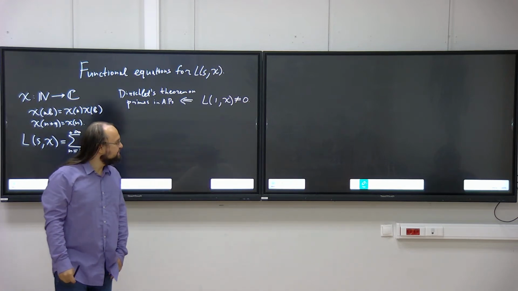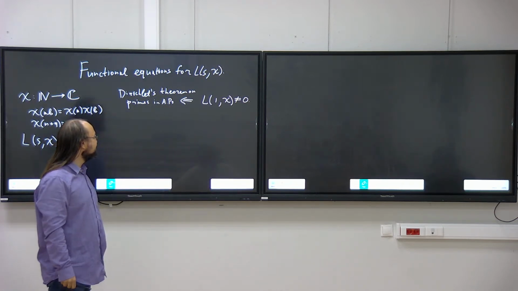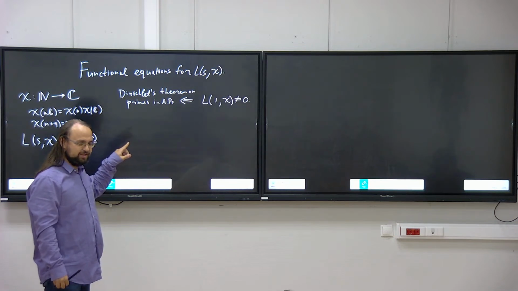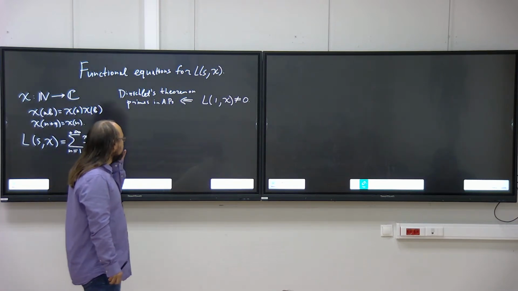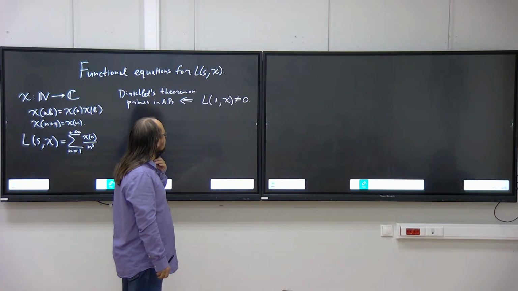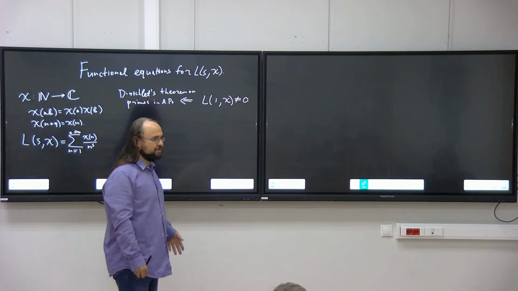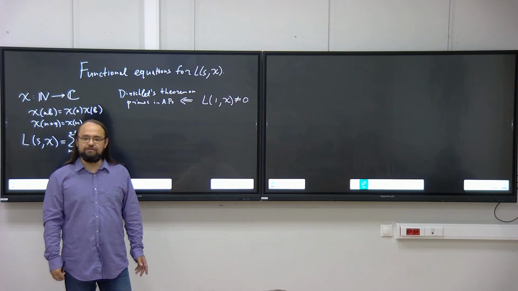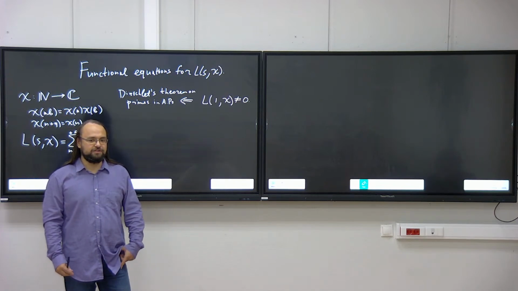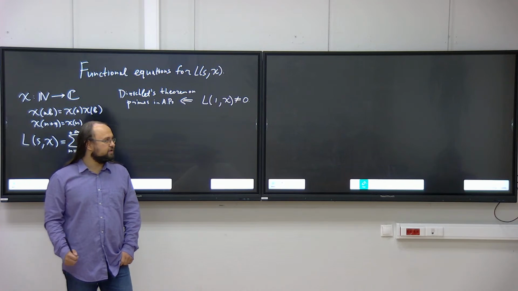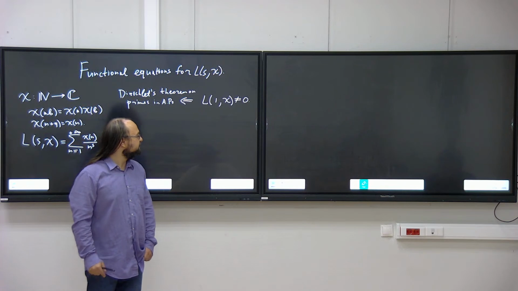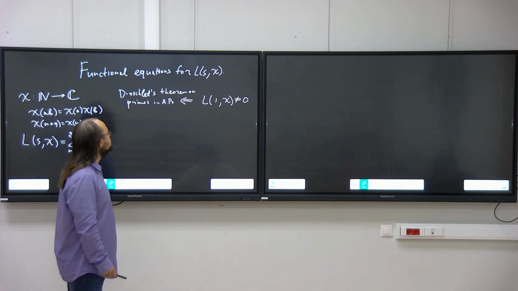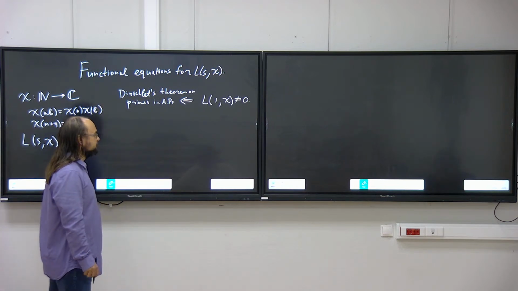So we did not establish this non-identity for all characters, but we proved that for any modulus q, we have at most one real character such that L(1, chi) is equal to 0.